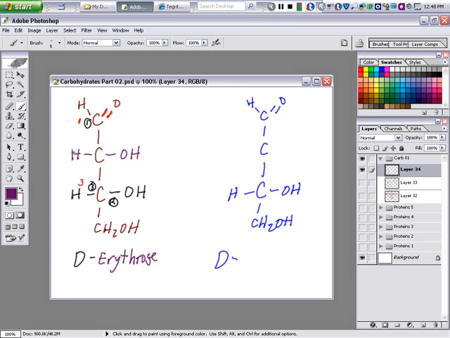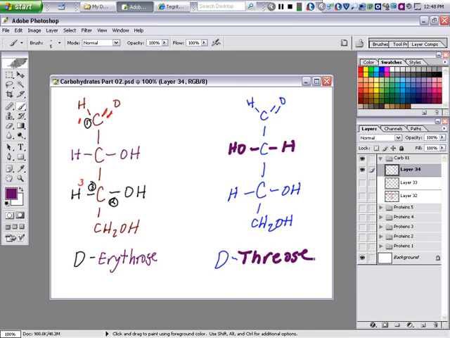If carbon number 2 has the OH on the left, we call this, OH on the left. Does anybody remember what it's called? Threose. But they're both D. They're both D.